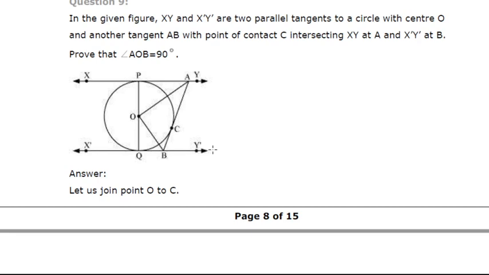See how you can prove this. When you join this to this.